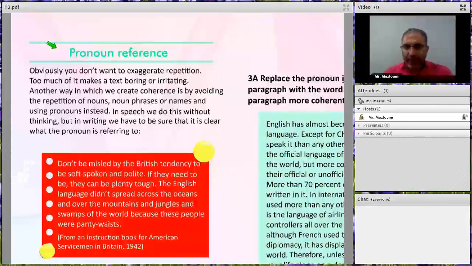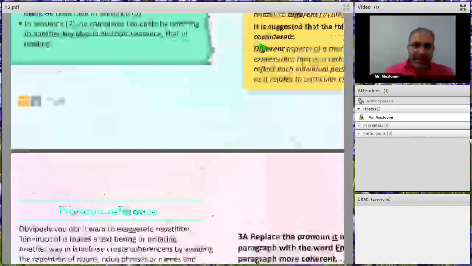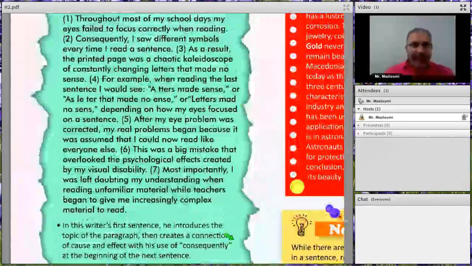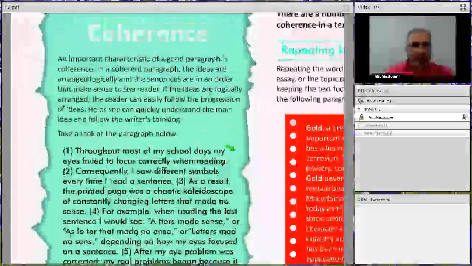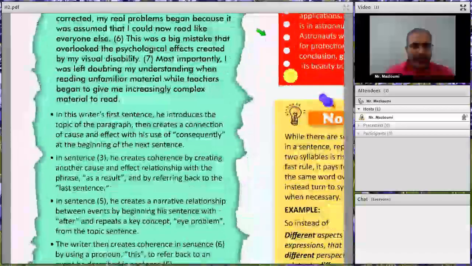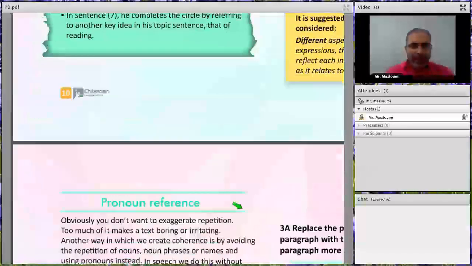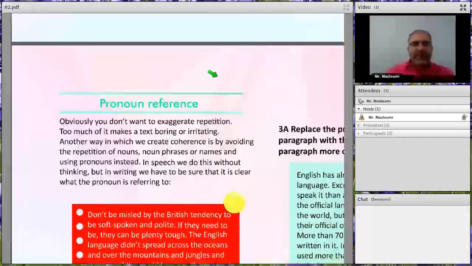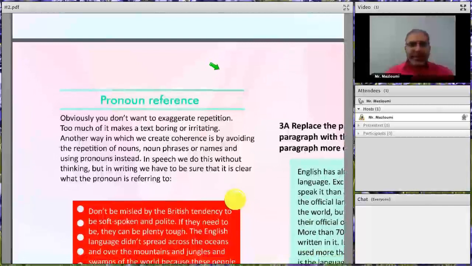Today, God willing, we'll be covering pages 11 and 12. Remember, last session on page 10, we talked about coherence and how to create a coherent paragraph. Coherence is related to the connection between sentences.